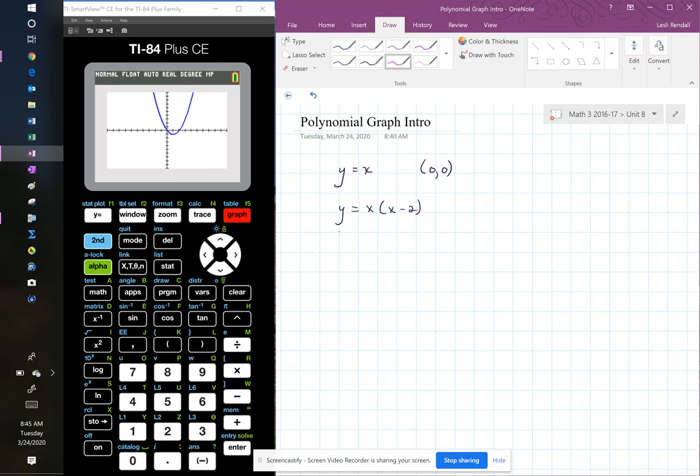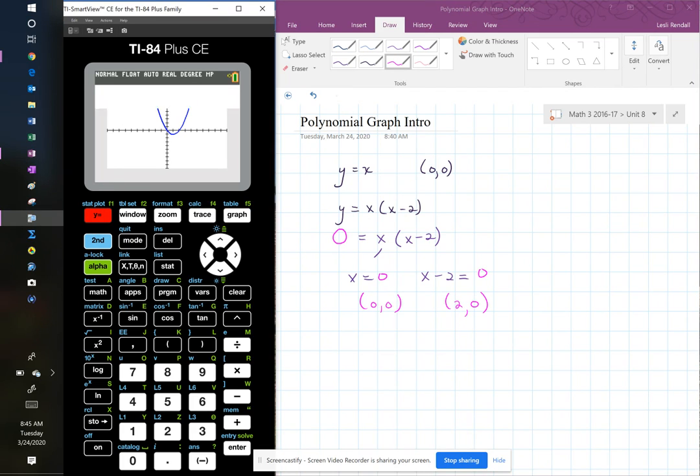And remember, we can get that because we want our x-intercept, so our y value is 0. And using the zero product property, we know that x has to equal 0. And that's where we get our two x-intercepts of (0, 0) and (2, 0). Well, let's look at what happens when we add a third factor.